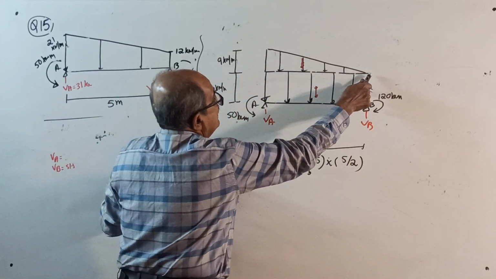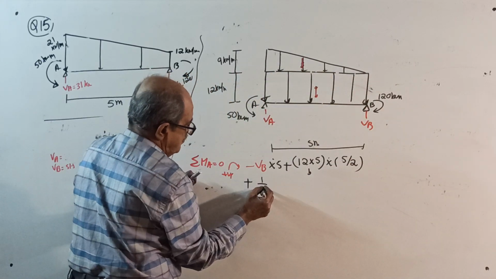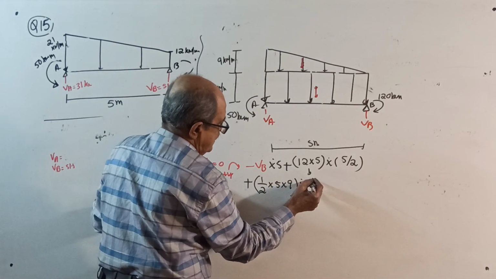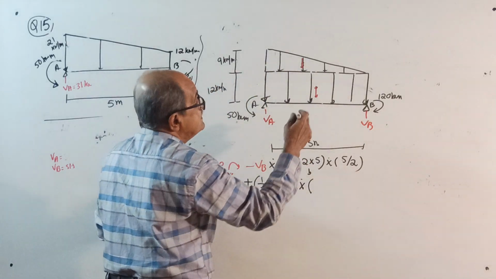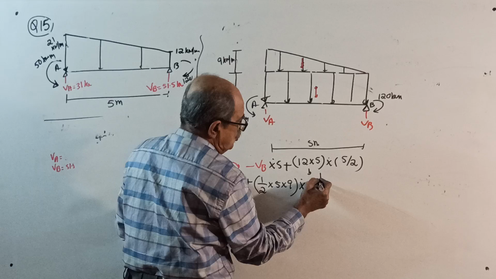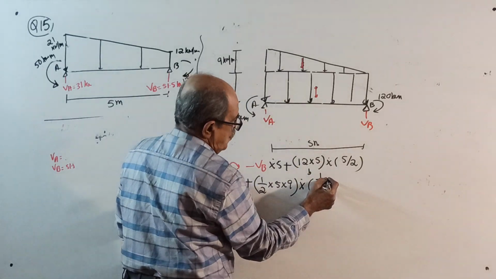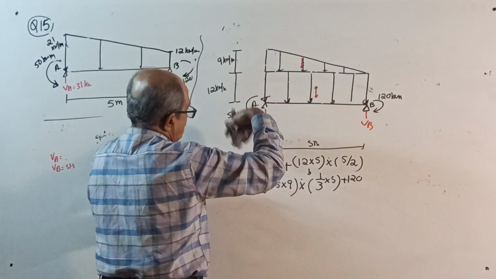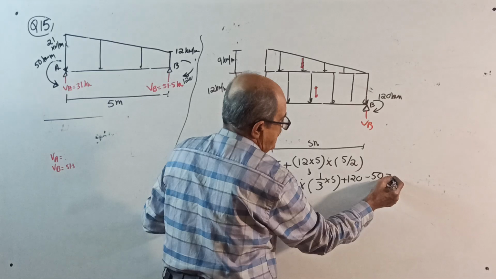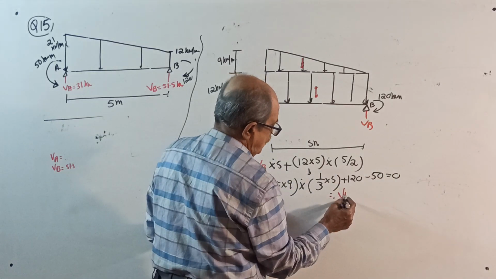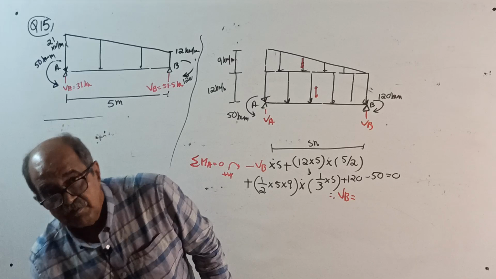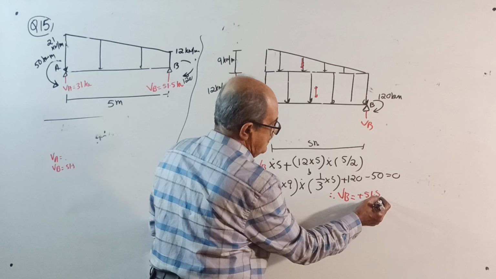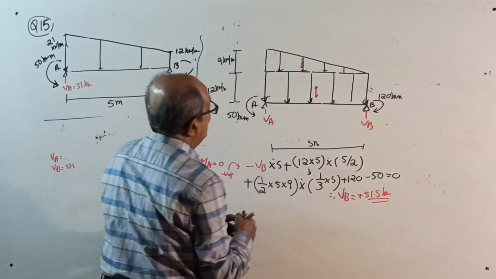Plus once again this UVL total load, half into 5 into 9, into the distance from here. Last time it was 2 by 3, now not 2 by 3: moment about A is 1 by 3 of 5. Then without forgetting, plus 120 minus 50 equal to 0. Therefore VB will come plus 51.5 kilonewton.